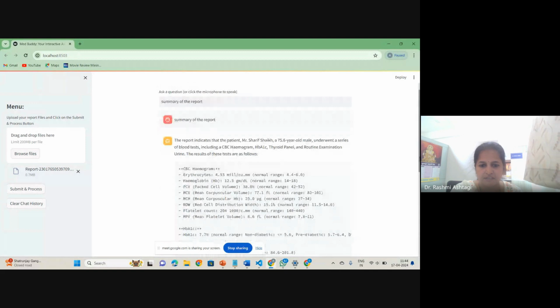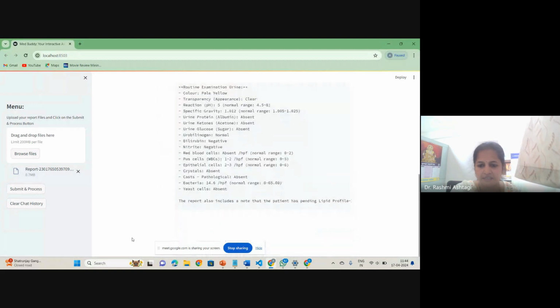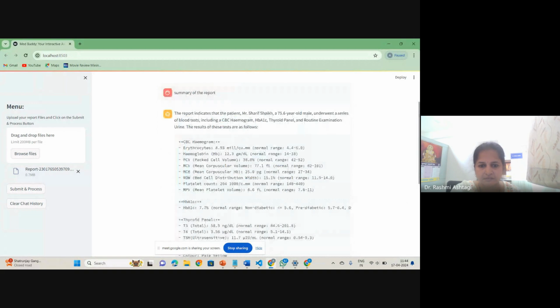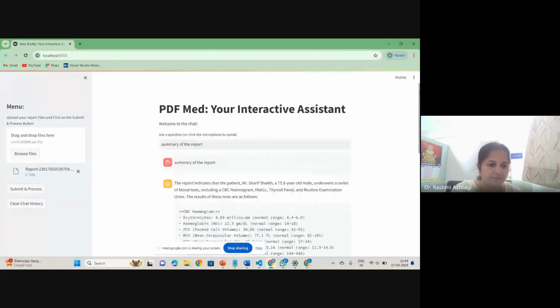And we can even ask further questions. I can ask only about diabetes, or where my weight is, or only about hemoglobin. It will give answers only from this particular PDF. If I use ChatGPT, this is not possible.